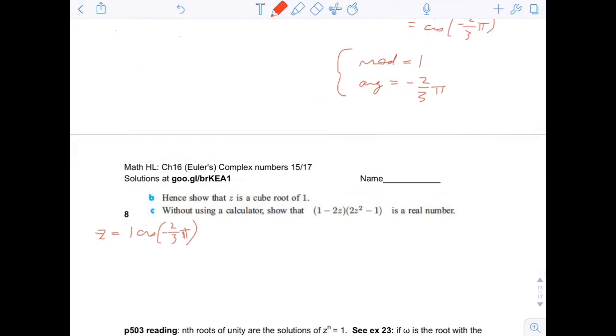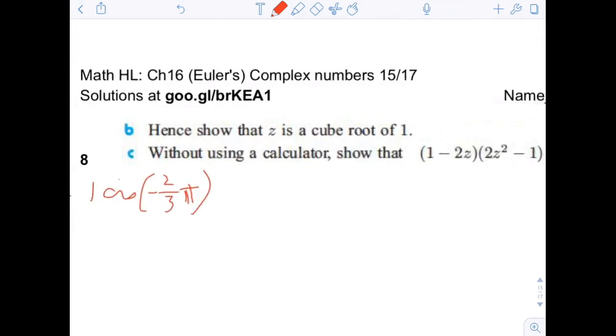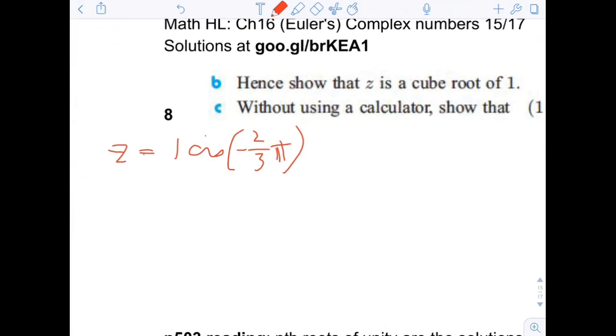And B says, show that z is a cube root of 1. So if z is a cube root of 1, then we should be able to cube it and get 1, right?